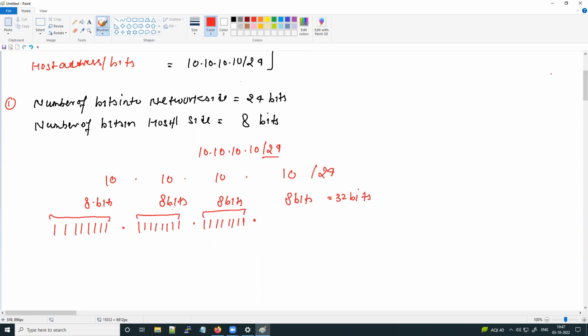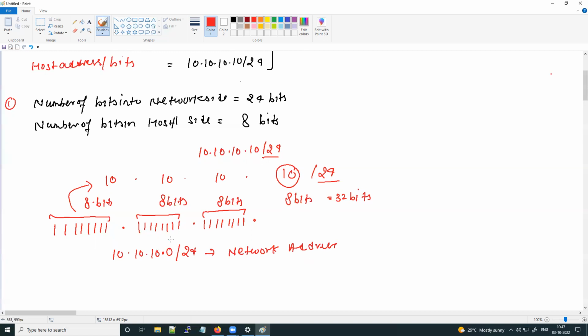Make all these bits 1 and write down as it is. Means what is the actual IP for this? 10.10.10 dot, and make this last bit 0. So 0/24. This will not get changed. So this is your network address.